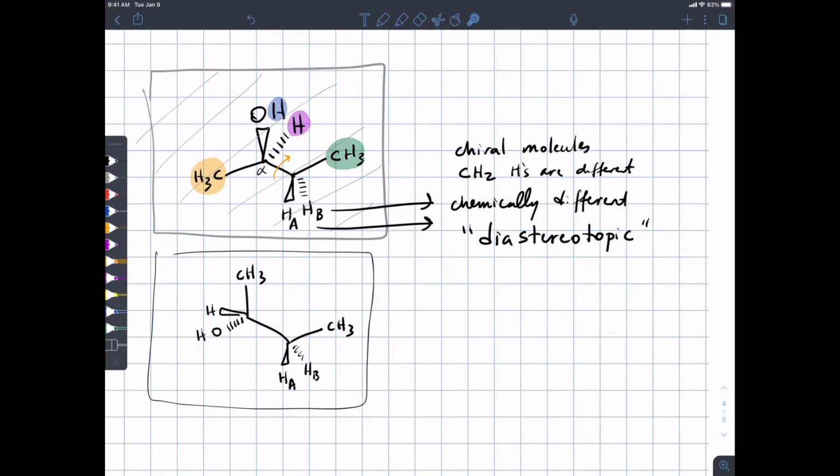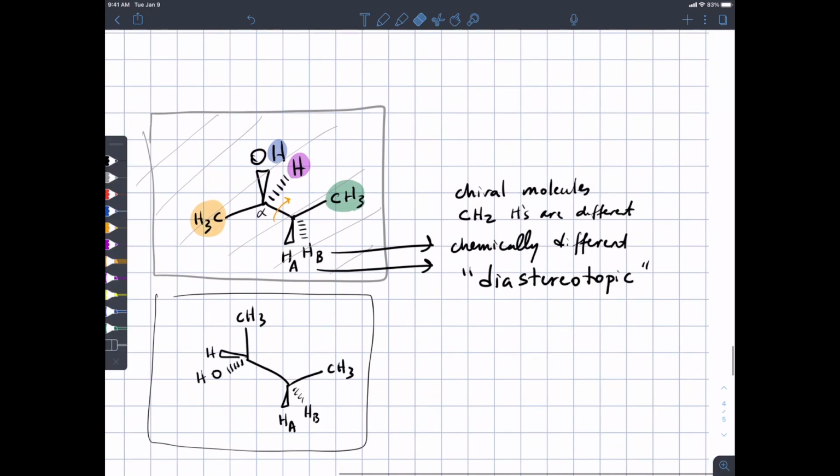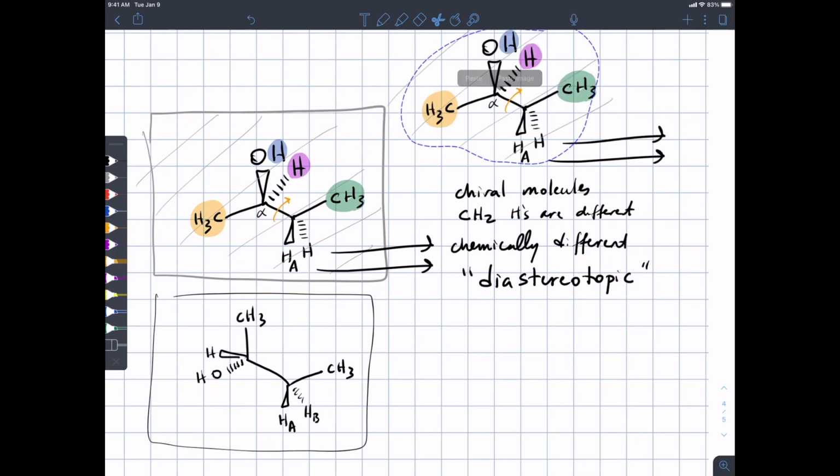The idea here is that if we pretended that we could label proton A with something like the letter A, and then instead chose the other proton and labeled it, pretending for a moment that we could tell proton A from the other unlabeled one, these two options would be diastereomers, right?